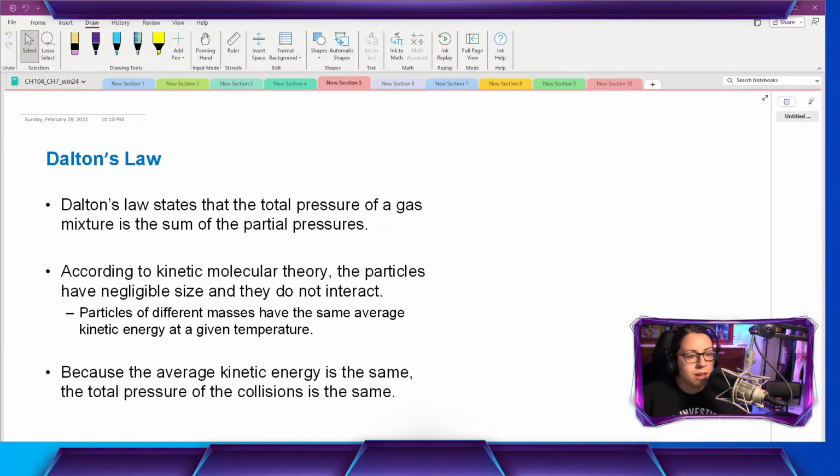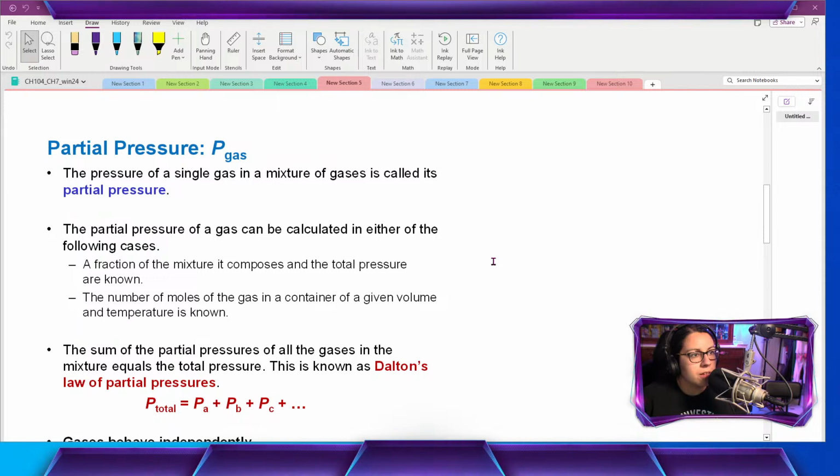We said that the identity of the gases doesn't really matter. And so again, average kinetic energy is the same, and the total pressure would be the same. And so then we can add up our pressures.